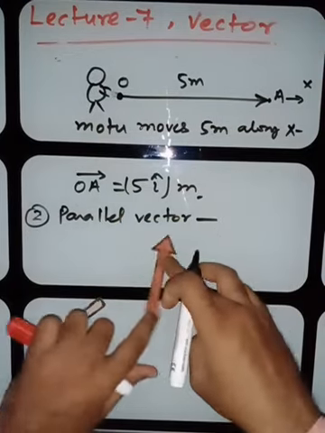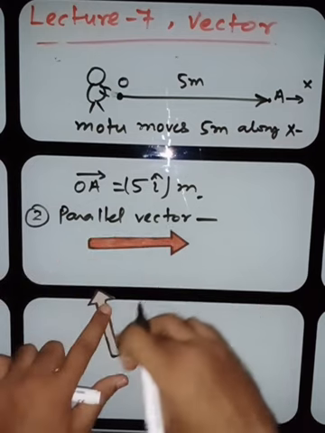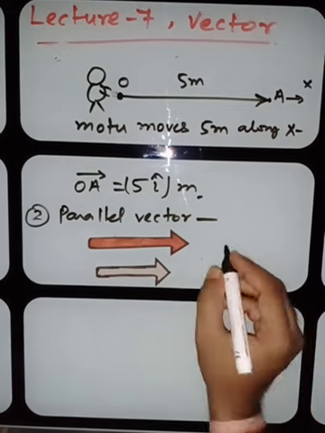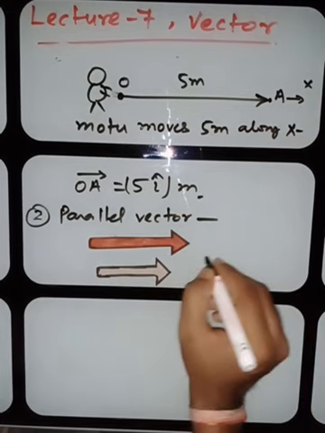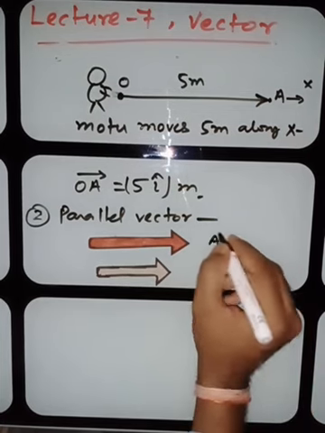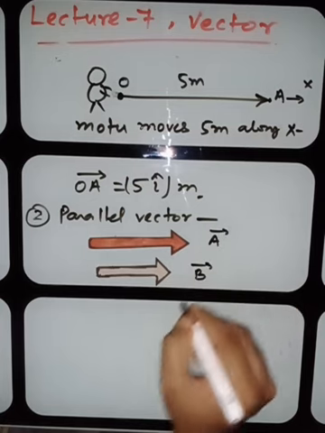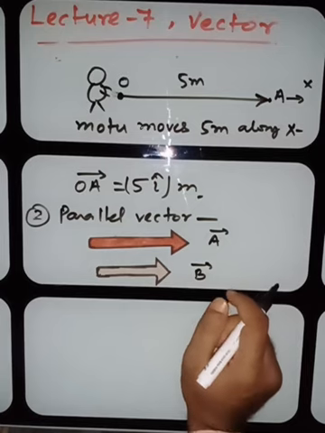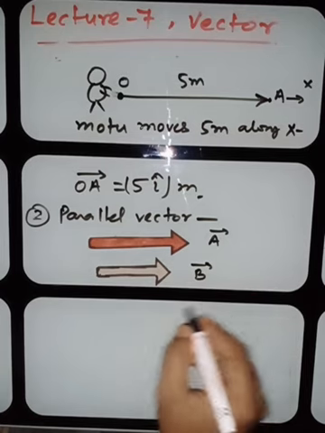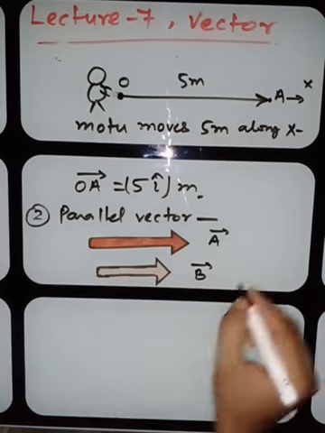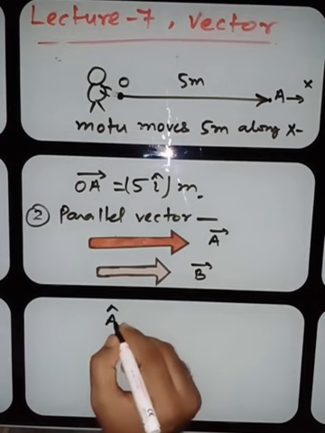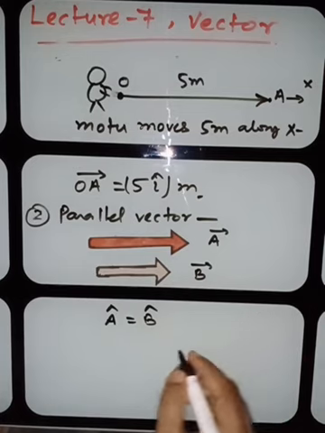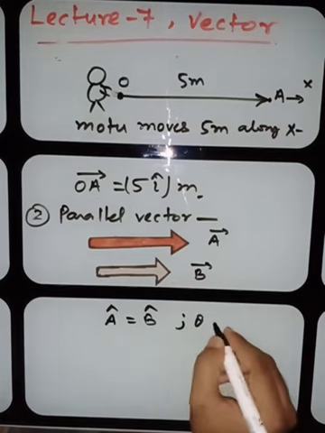If this vector is going in this direction and this one in this direction, you must make in your copy this vector A and this vector B. If these two are parallel, it means the direction must be the same. So in parallel vectors you have to write the unit vector A equals the unit vector B. It means the direction must be the same. And the second thing, what will be the angle between these two vectors?